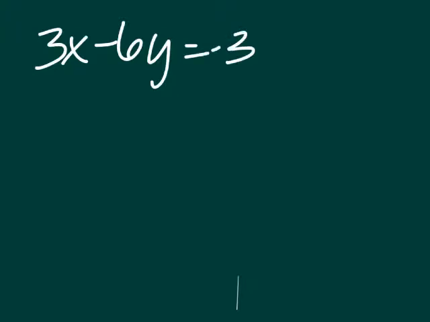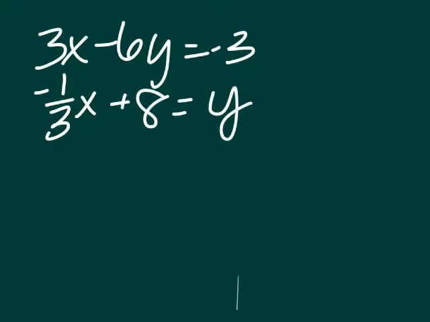Okay, so our equation is 3x minus 6y equals negative 3, and negative 1/3 x plus 8 equals y. So now we are going to multiply those.